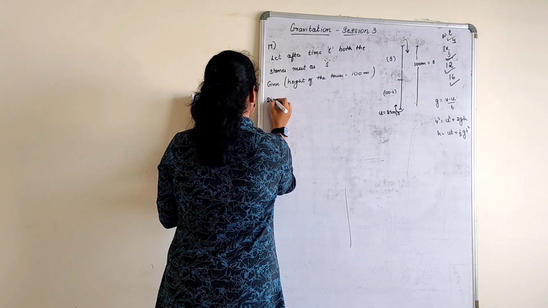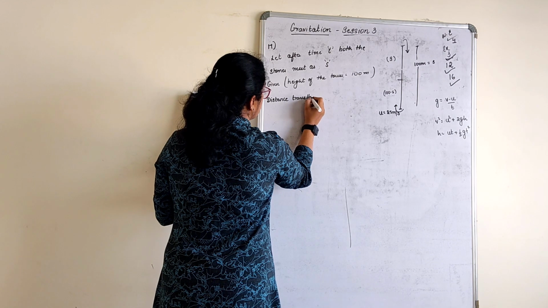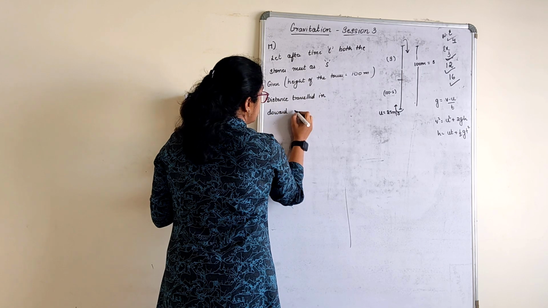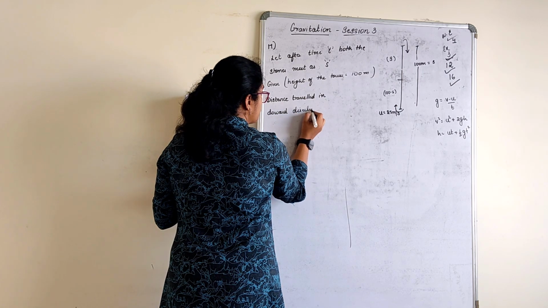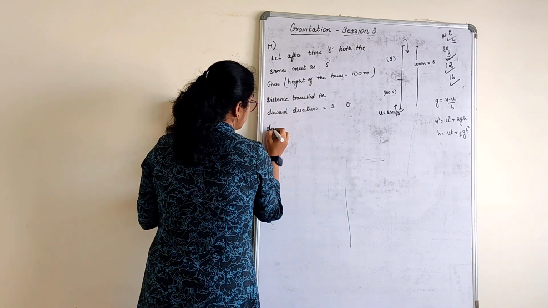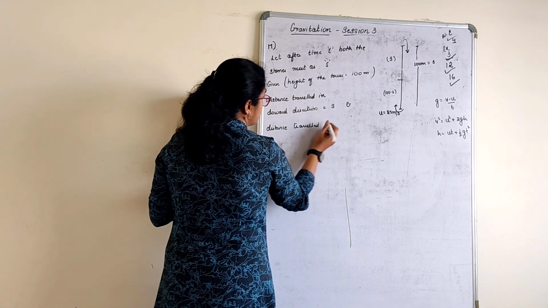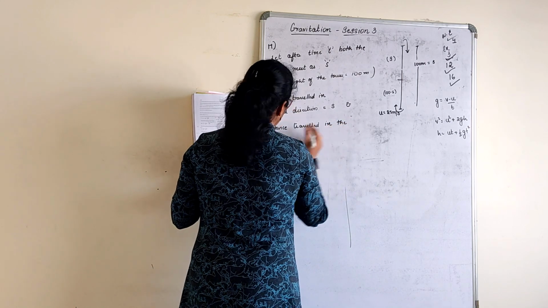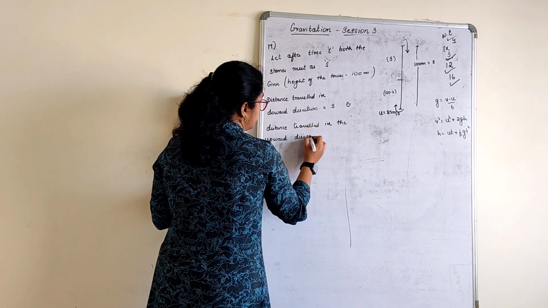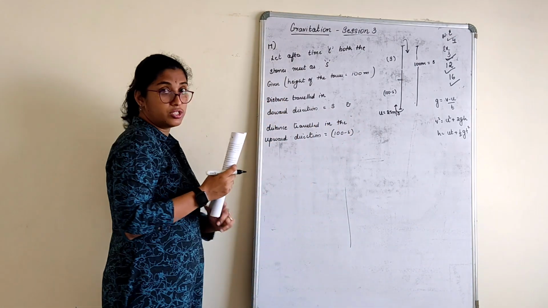Distance traveled in downward direction is equal to S, and distance traveled in the upward direction is 100 minus S. This much is very clear, children.